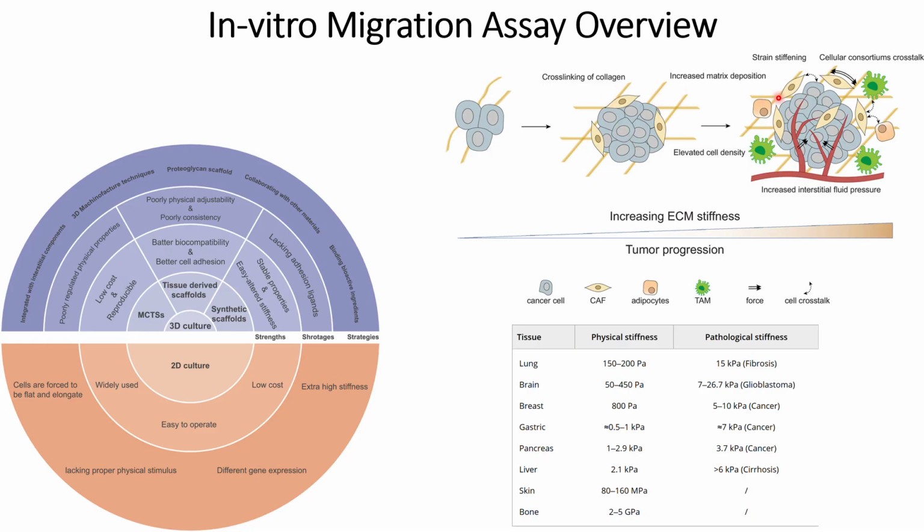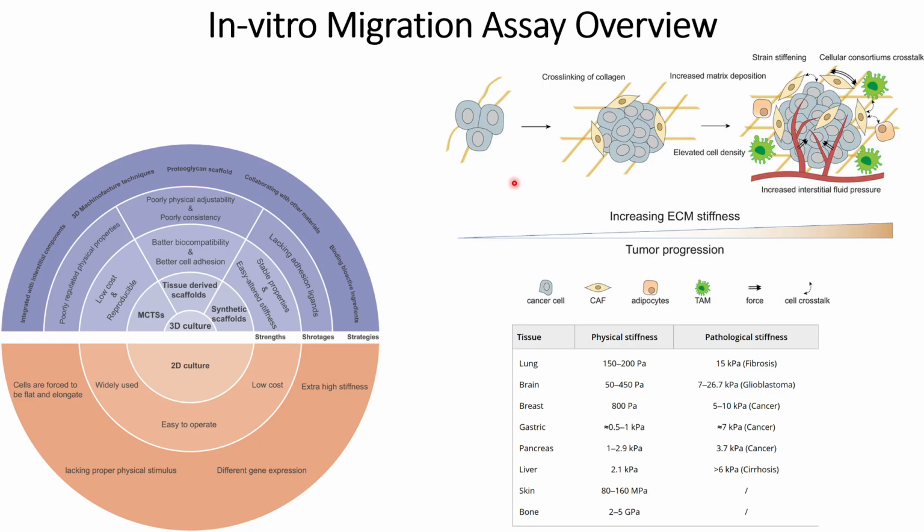With increased ECM stiffness, physical interactions occur between the ECM and the cell surface receptors that trigger more cancer progression properties such as proliferation and migration. So generally, people expect that with increase in stiffness, the migration and metastasis properties of the cancers should increase.